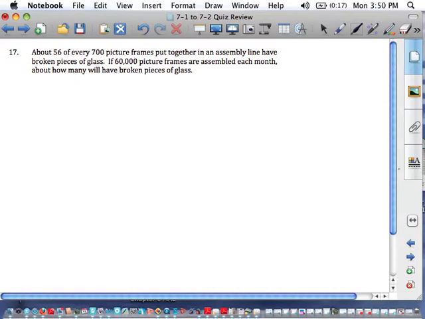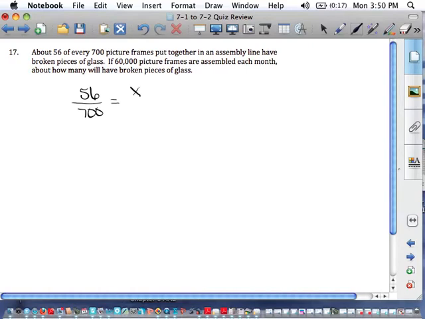Number 17, about 56 of every 700 picture frames put together in an assembly line have broken pieces of glass. If 60,000 picture frames are assembled each month, about how many of those will have broken glass? So you sampled picture frames, 56 out of the 700 were broken.